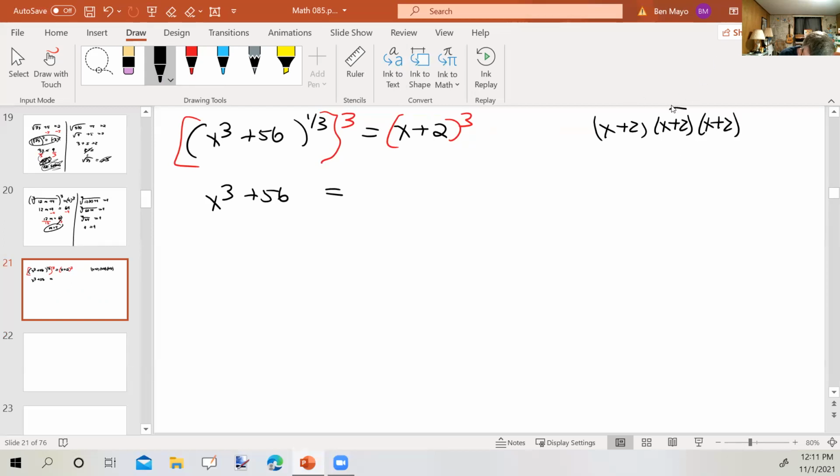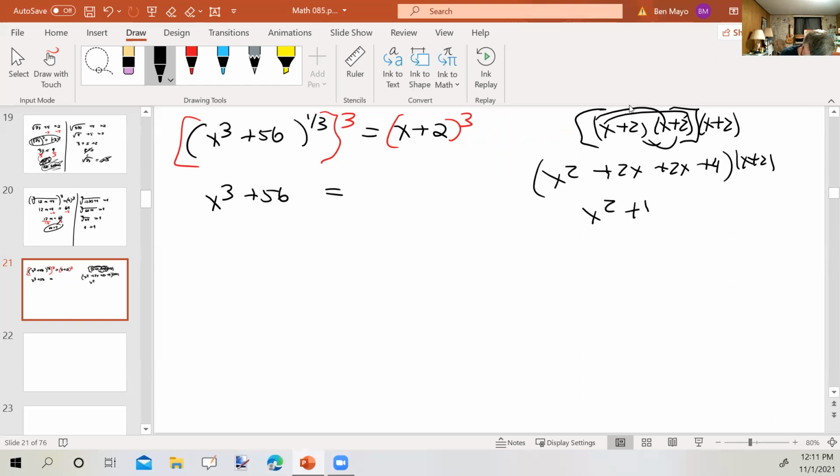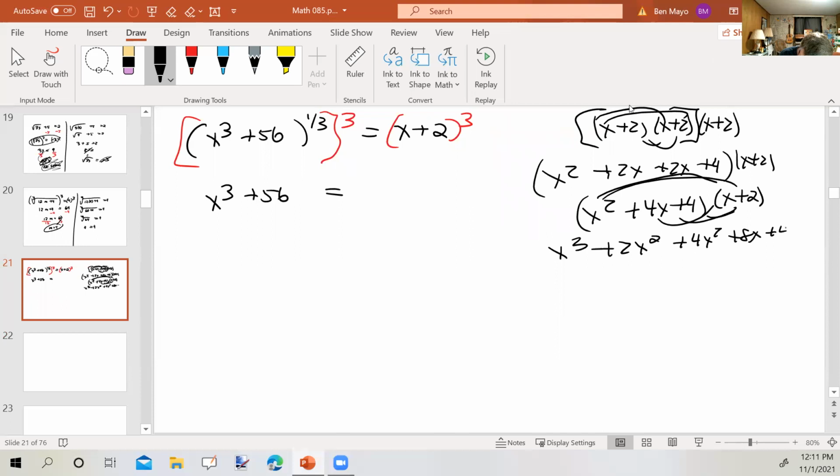So we're going to do the first 2 first, which is going to give us x squared plus 2x plus 2x plus 4 times x plus 2, which is x squared plus 4x plus 4 times x plus 2, which is now x cubed plus 2x squared plus 4x squared plus 8x plus 4x plus 8, which is x cubed plus 6x squared plus 12x plus 8.